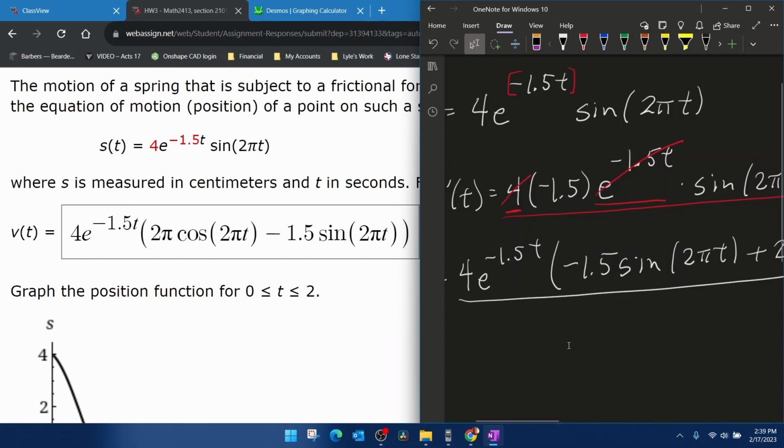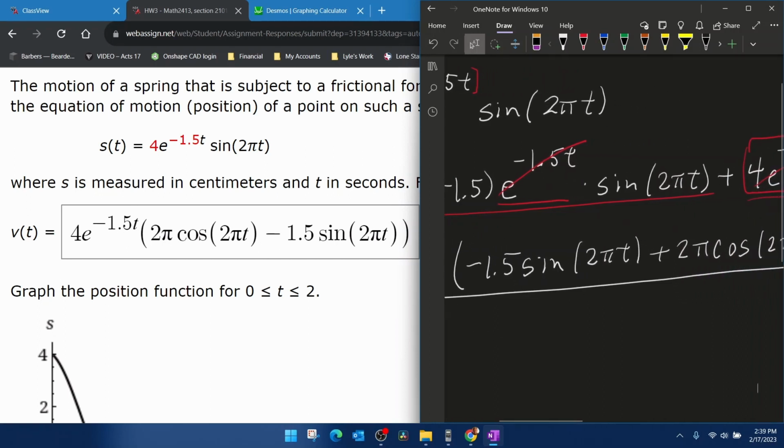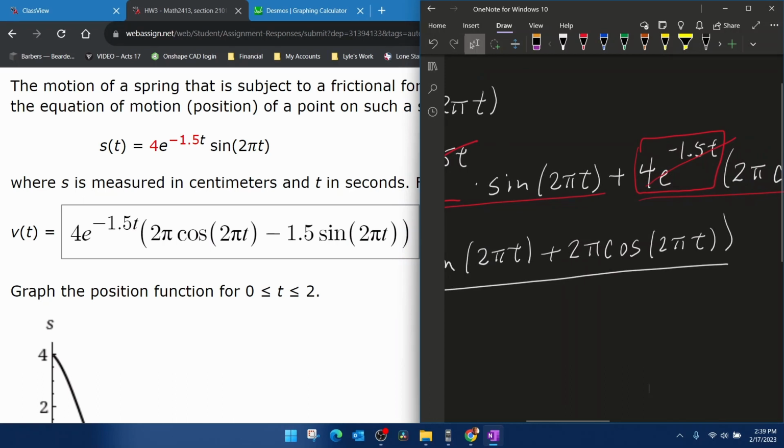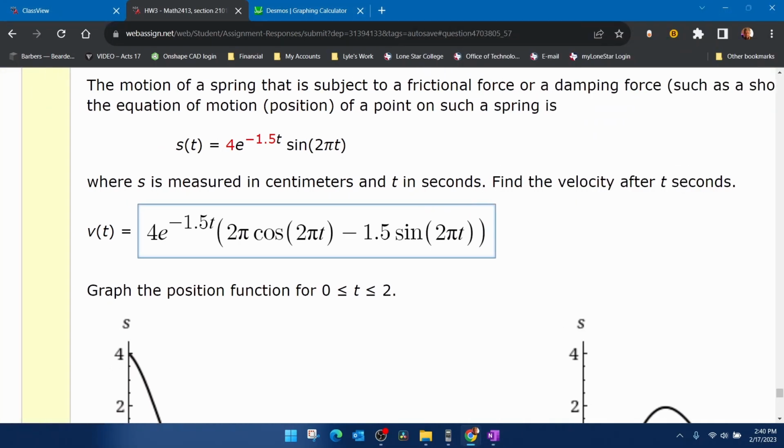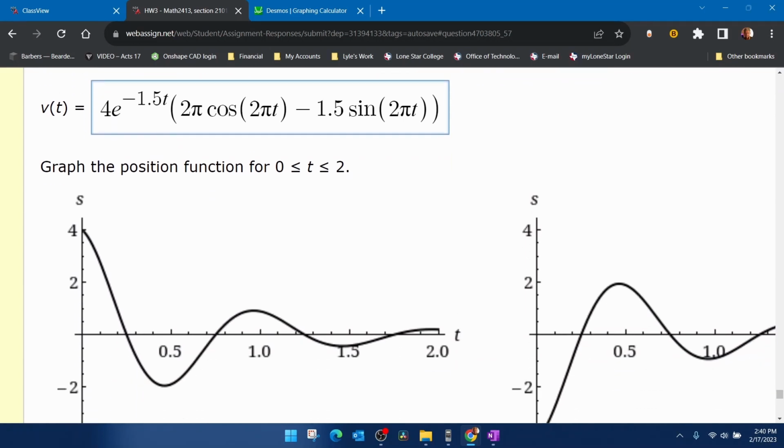And then what I did, instead of having to say negative 1.5 sine of 2 pi t plus, is I put the 2 pi cosine of 2 pi t first, since it was positive, and then I could just say minus 1.5 sine of 2 pi t. And let me tell you, it's going to really suck if that's not right.